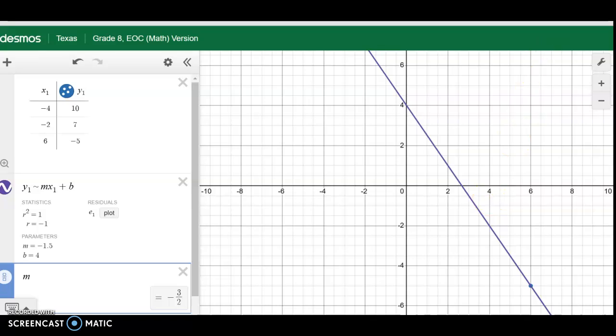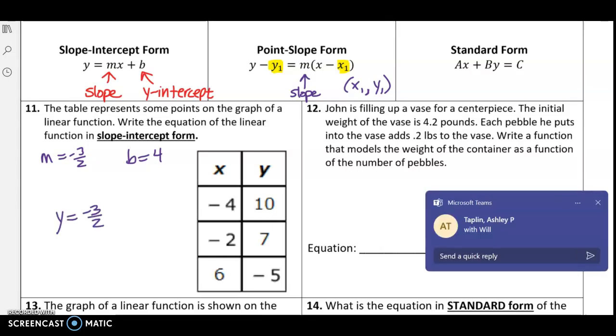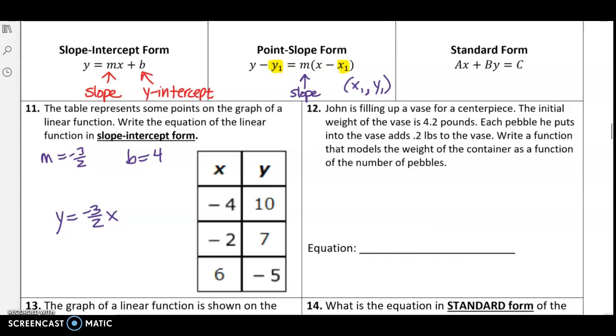So m is negative 3 halves, and b is 4. I'm going to write that down. And so now we can write our equation. y equals mx plus b. There's our equation.